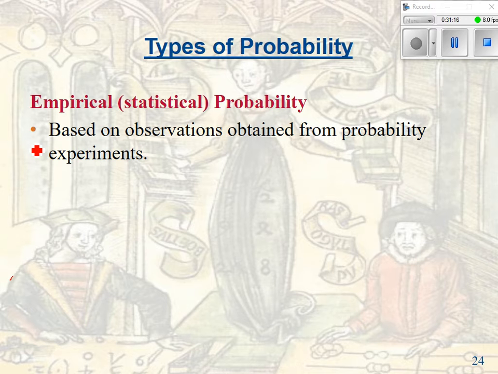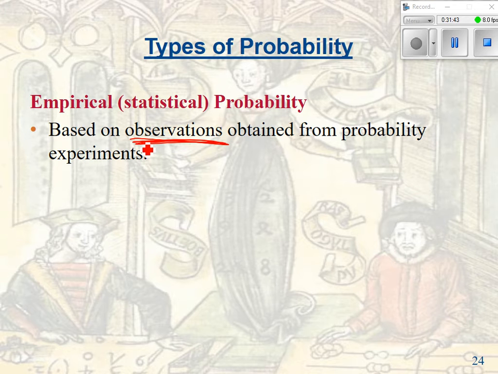Empirical probability. Empirical probability is based on observations that you get from the experiments.